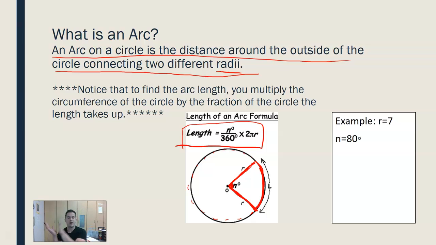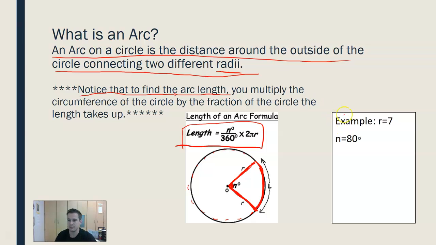Again, it's just a fraction of the circumference. The same fraction of the circumference as corresponds with the fraction of the degrees on the inside of the circle. So here it says, notice that to find the arc length, you multiply the circumference of the circle by the fraction of the circle that that length takes up.